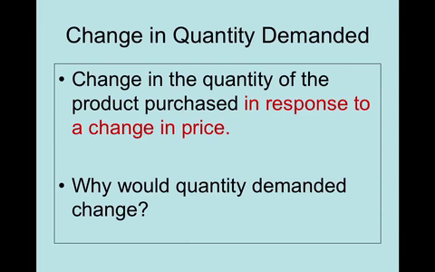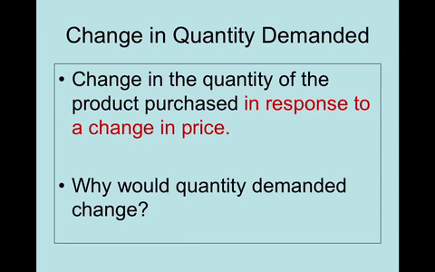So as we talk about change in quantity demanded. Now, one of the things that I want to point out here, you guys, is that we're going to use 2 terms or 2 phrases to describe movement in demand. And the first is this, change in quantity demanded. And this is basically the change in the quantity of the product purchased in response to a change in price.